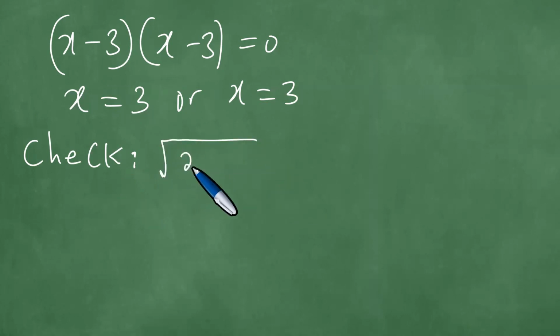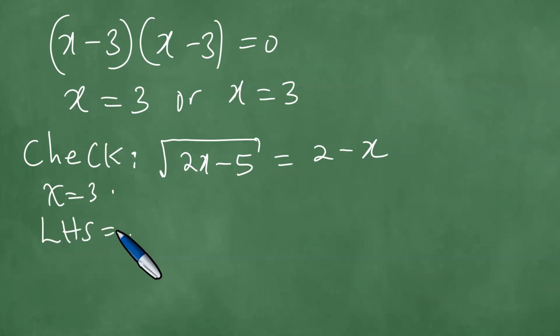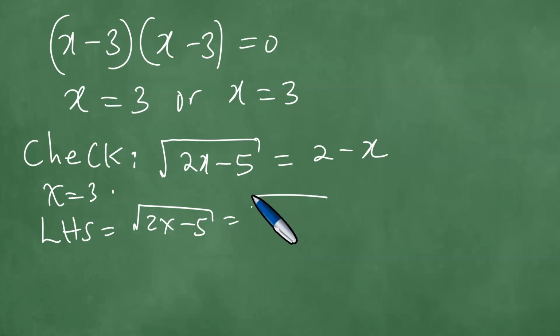If you're given 2x minus 5 and 2 minus x, and you put in 3, the left-hand side is 2 into 3 minus 5.